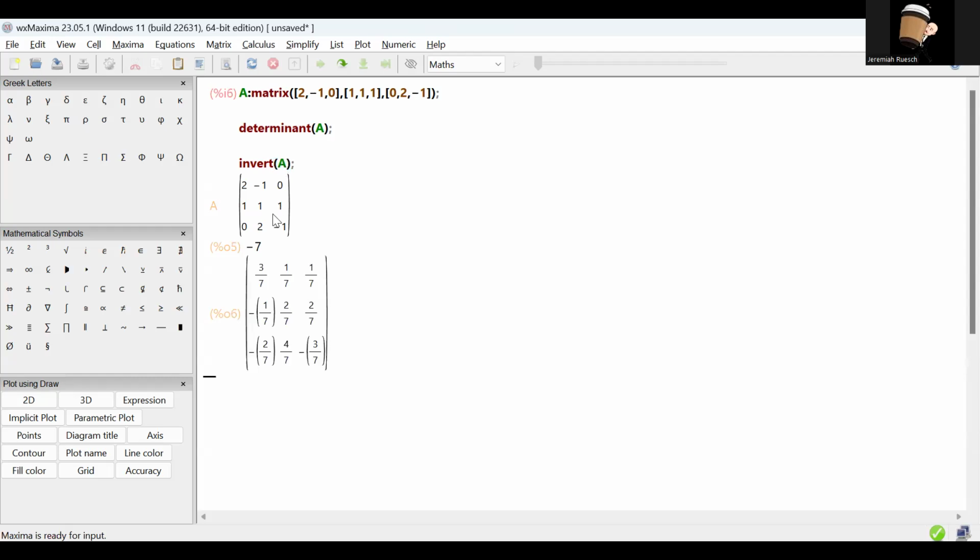There it is. So that's the command for computing the inverse. The determinant is -7, which is non-zero, and the inverse of A is given by this. You can factor out the 1/7 from each of these and write that in the front if you'd like. And that will be the inverse of A.